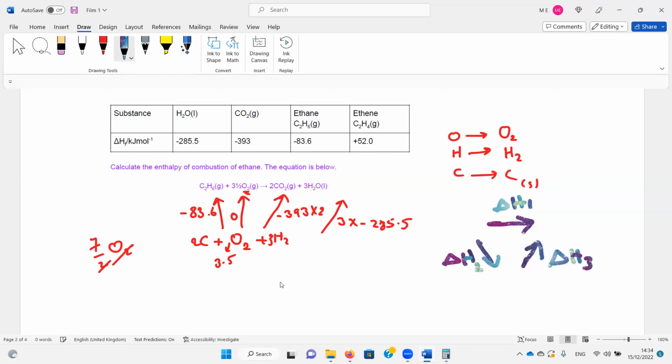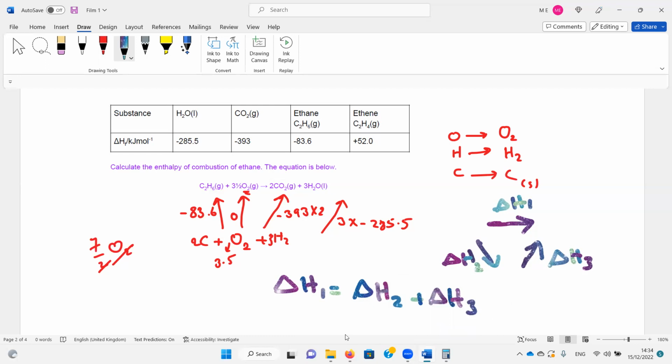So delta H1 equals delta H2 plus delta H3, and keep the direction of the arrows like this when you want to do the calculations, and apply them to your problem.